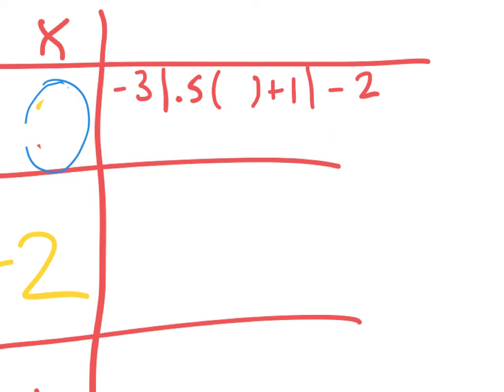So let's plug in -4, because -4 is still smaller than -2. It's just going to make our lives a little bit easier.